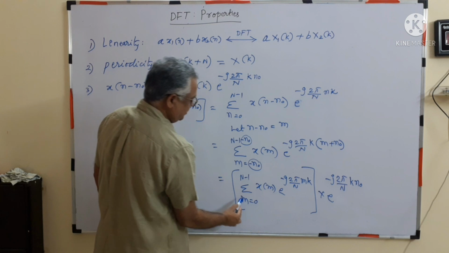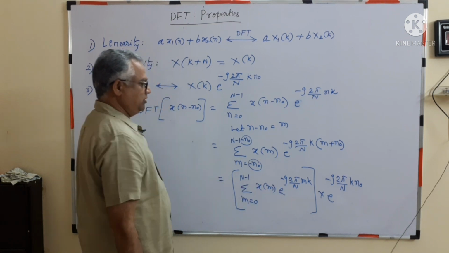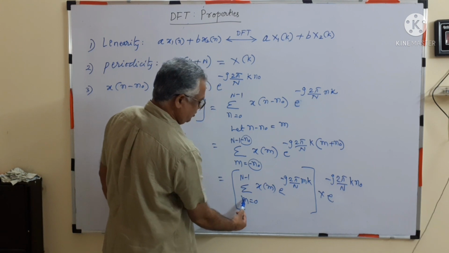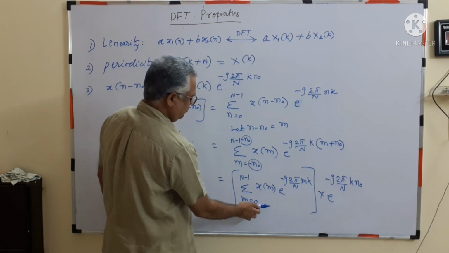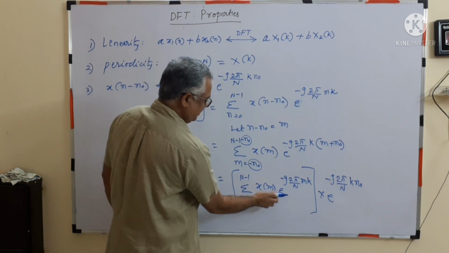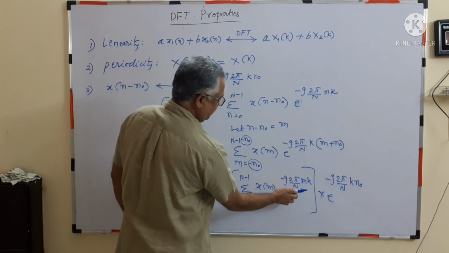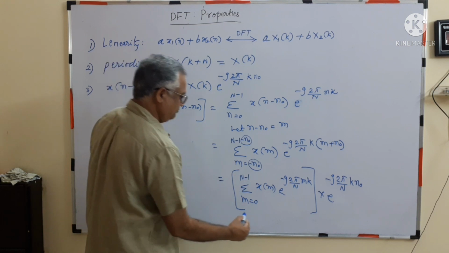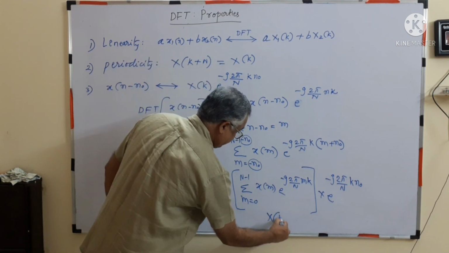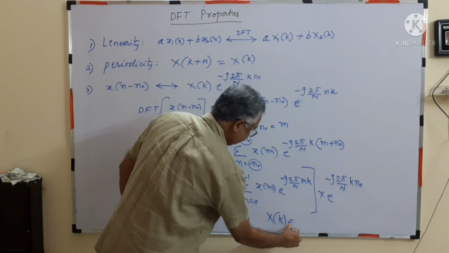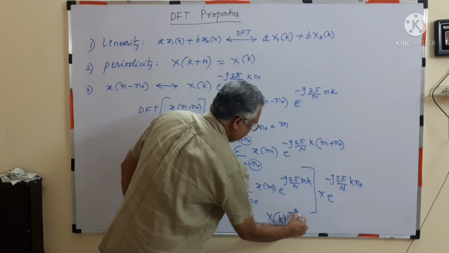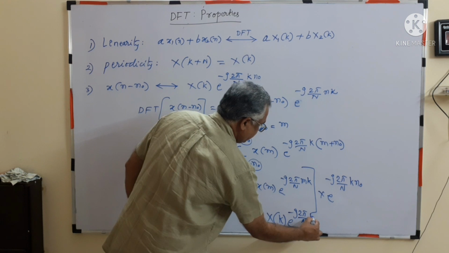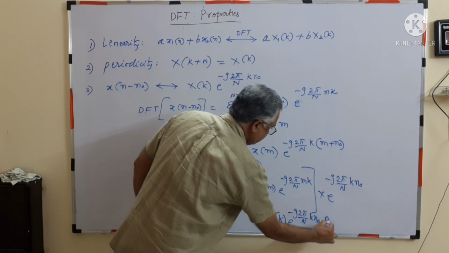What is this term? It is similar to the DFT formula. If you want, you can change m to n. The variable m or n is the same. So this is nothing but x of k e power minus j 2 pi by N k n naught. This is what the right-hand side is.